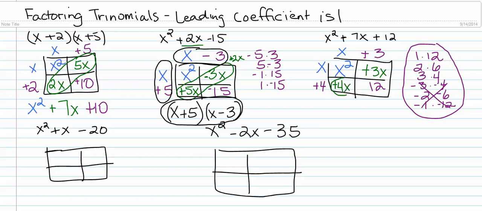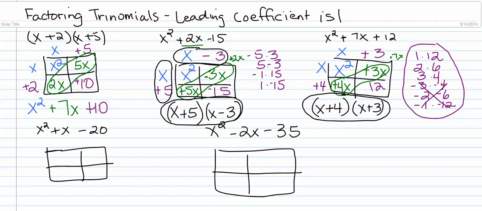And when I add those two together, I get a positive 7x, which is exactly what I have in the middle. So to find my answer, I need to look along the left-hand side and along the top of the box. X plus 4 times x plus 3. And those are the binomials that I would multiply together to get x squared plus 7x plus 12.